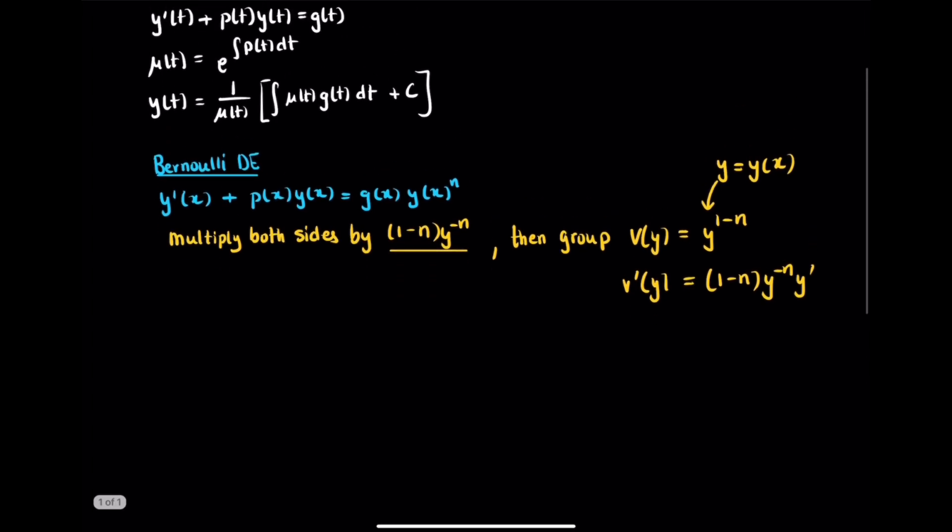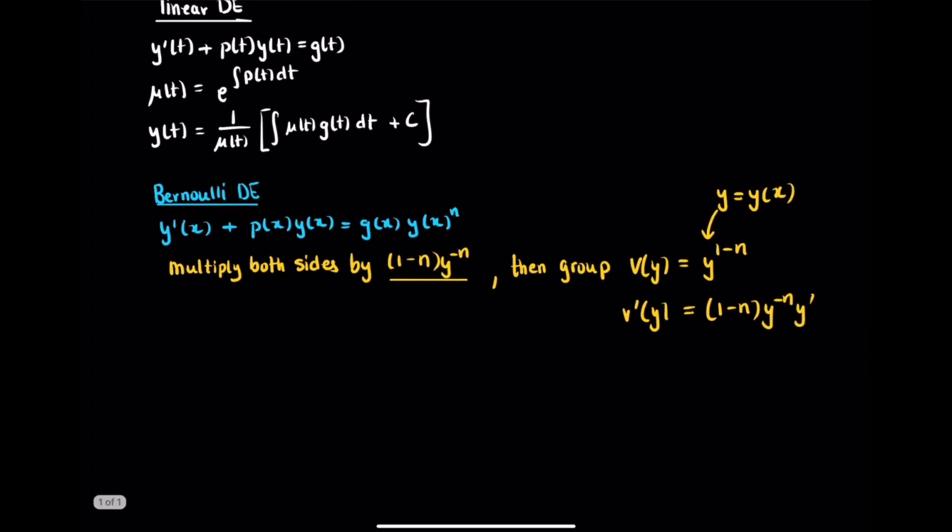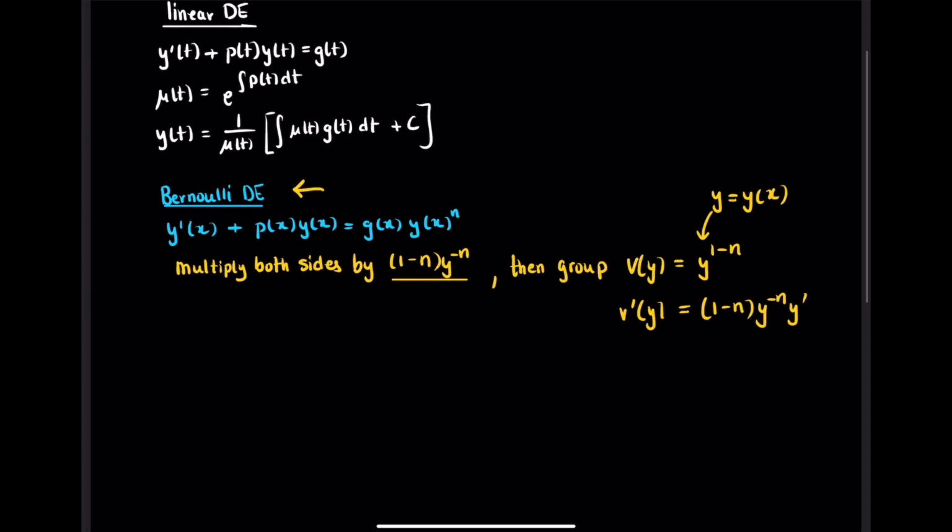So this example that I'm about to show you, you will see in a moment how we first have a Bernoulli differential equation, but then after doing these steps, so like multiplying by 1 minus n y to the minus n and then substituting v in, we will get a linear differential equation where instead of having y, we will have v as the unknown function.